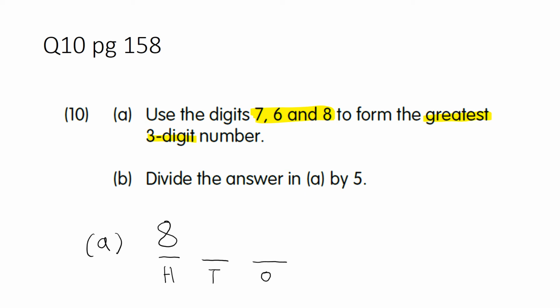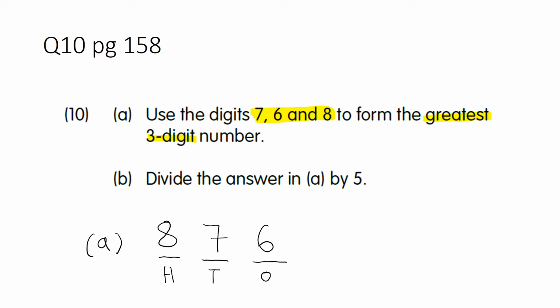And of course, the next one, you got to have the second greatest digit in the second greatest place, which is 7 is the second greatest digit, tens is the second greatest place. And after doing this, you're left with 6. So therefore, you get 876. Now, we have to divide this answer by 5.